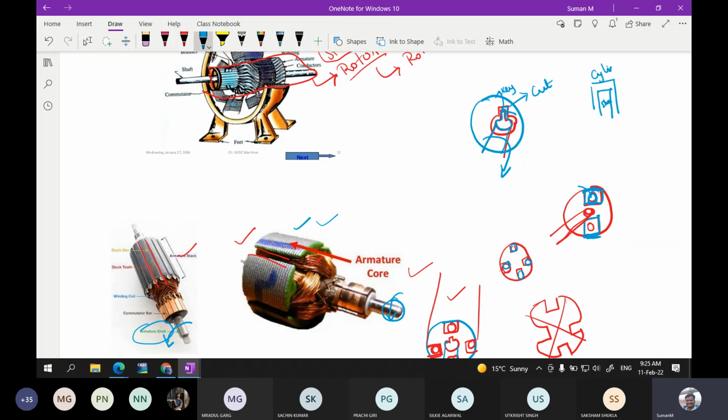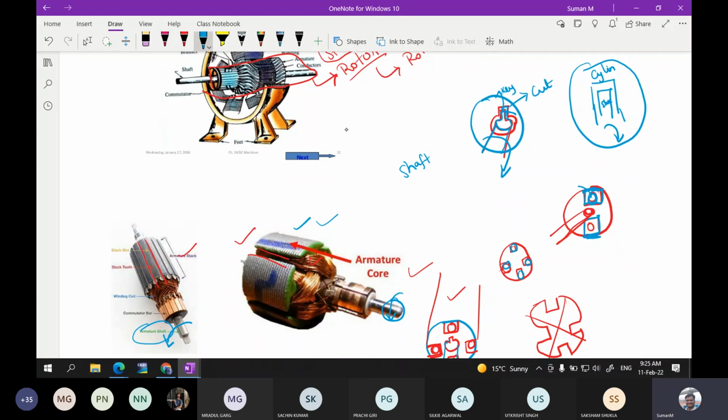So since both are coupled properly, when the shaft rotates, this cylindrical structure, which is part of the cylindrical structure, that also will rotate. Okay, so this is the main thing, where if the shaft rotates, your cylindrical structure will rotate, or in another way, if the cylindrical structure rotates, then your shaft also will rotate.